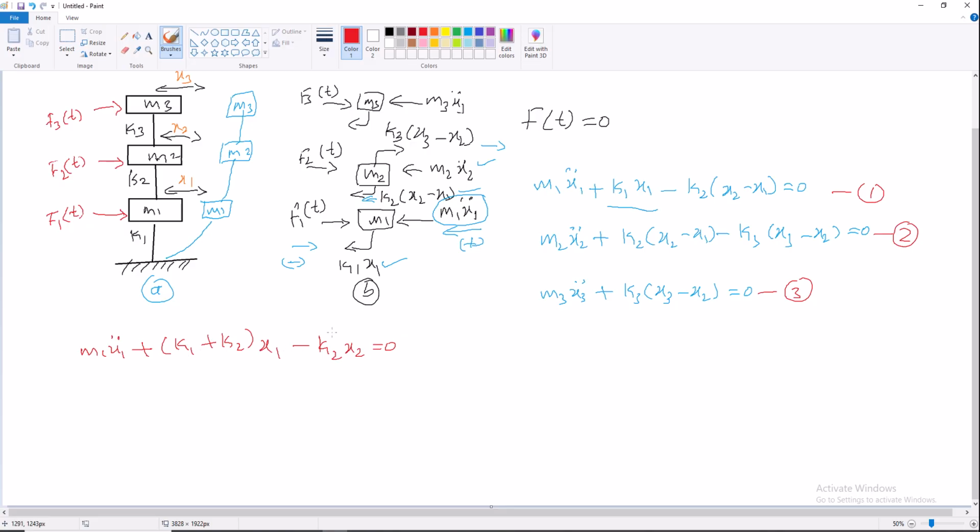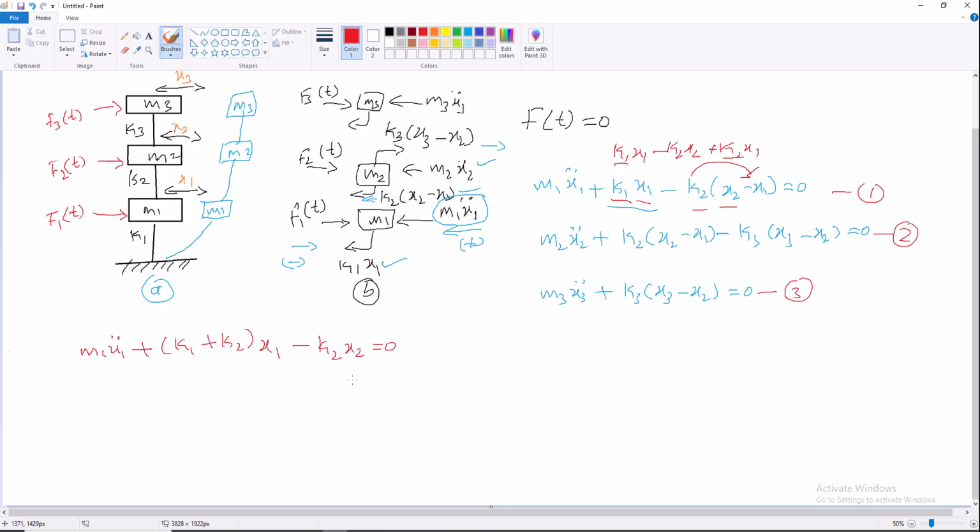Multiplying out, k1 x1 is written as it is, and k2 x1 is the positive term, and minus k2 x2. So k1 and k2 are common for x1, taken into a bracket as (k1 plus k2) for x1, and the remaining term is minus k2 x2.